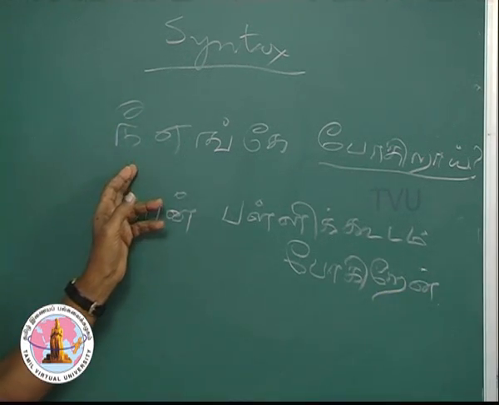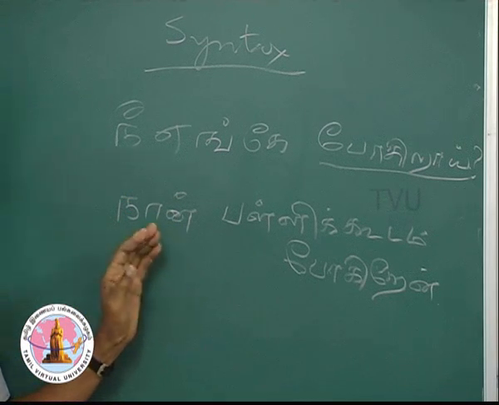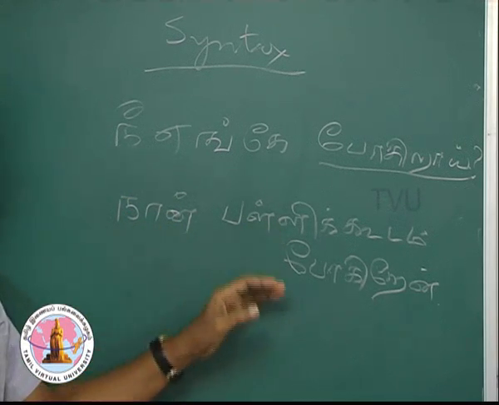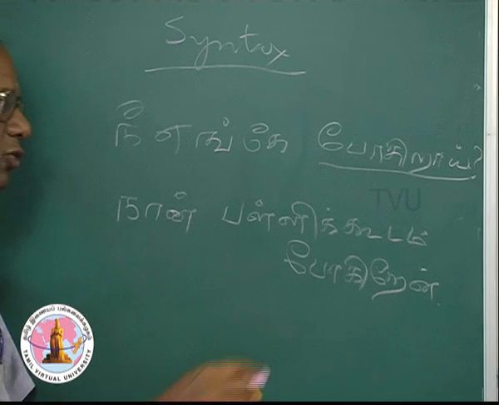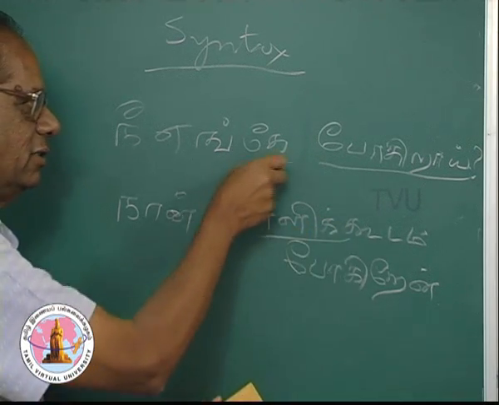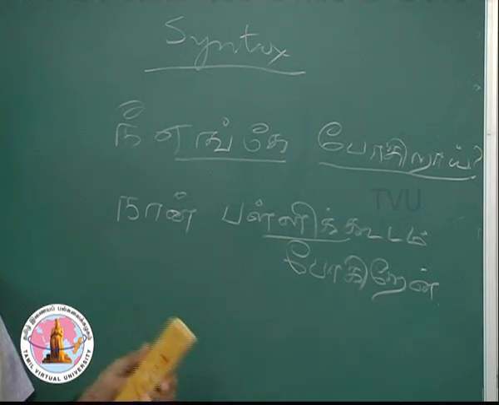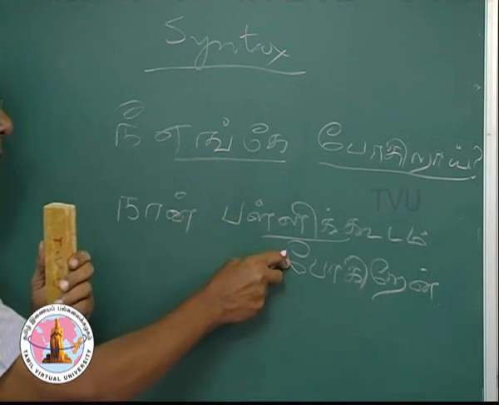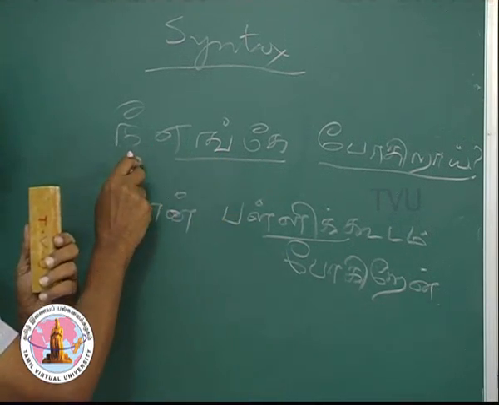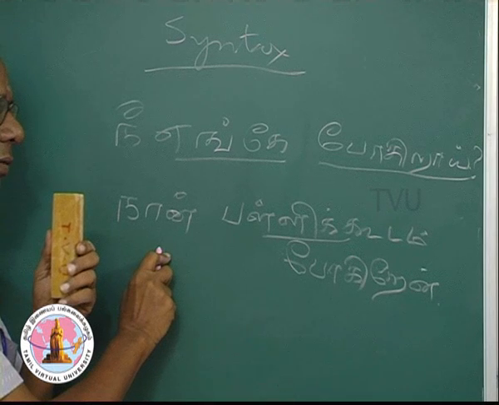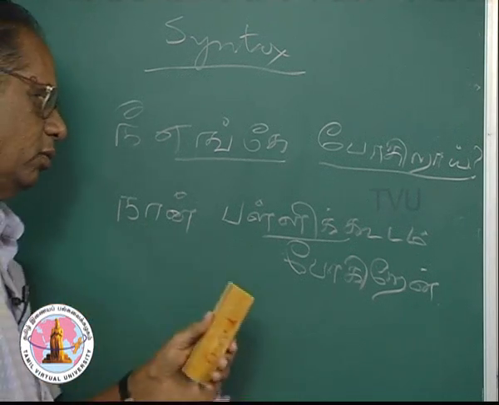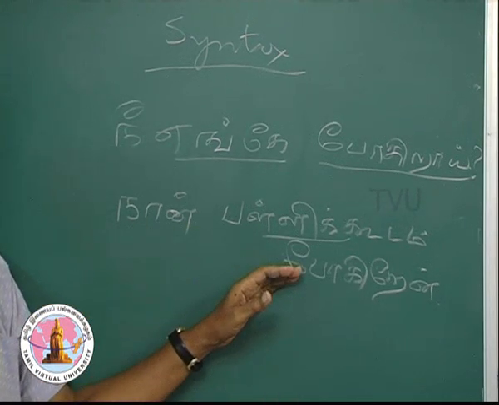This is a question and here is an answer. நான் பள்ளிக்கூடம் போகிறேன். This பள்ளிக்கூடம் is an answer to this. எங்கே பள்ளிக்கூடம்? Who goes? நான். Now, is it right?